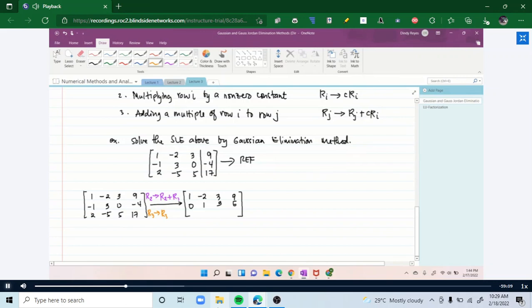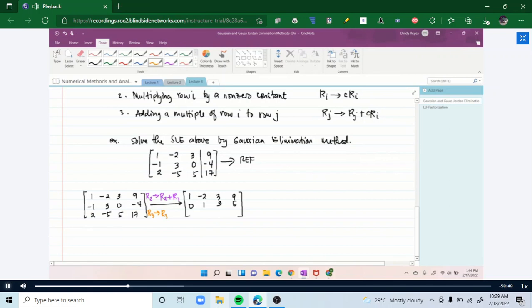So if that happens, you get 0 here, 0, and then you have, for this particular entry, negative 5 minus 2 times negative 2. It's negative 2. So you get negative 5 plus 4, it's negative 1.